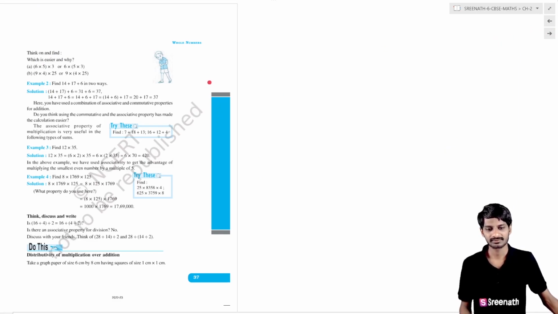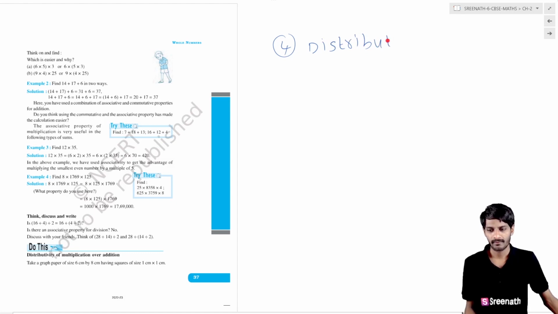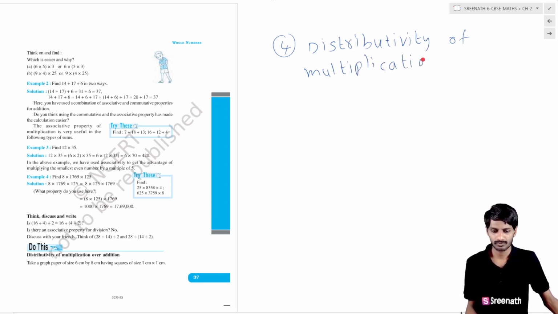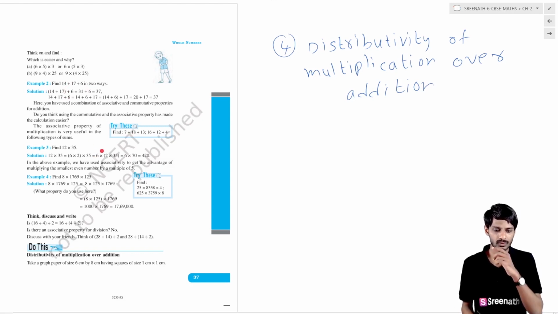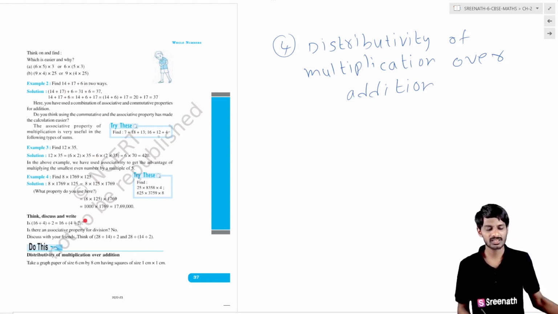Okay, students, that's it. Basically, if you try with division, the associative property will not hold.